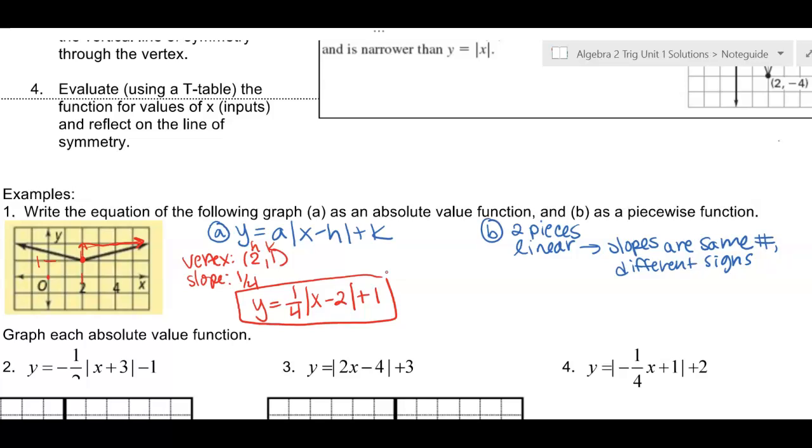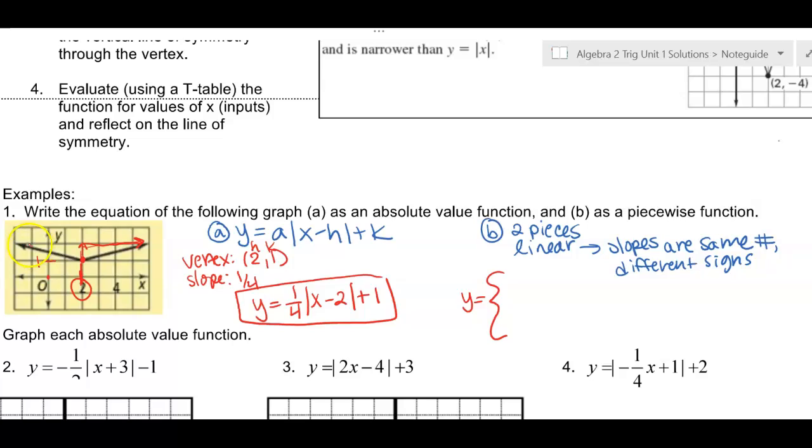If I wanted to write the piecewise function version of this, I've kind of set up all my expectations. So I expect 2 pieces. Okay. They switch right here at the vertex, so that's lined up with 2. So I expect 1 equation of a line when x is less than 2 and 1 when it's more than 2, and I'll make sure they overlap and have that equal sign somewhere in there.